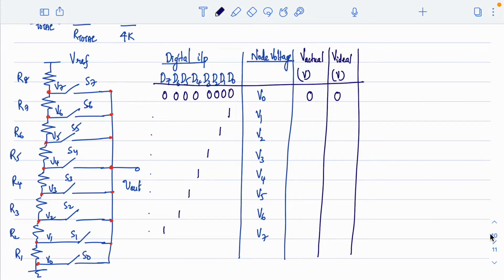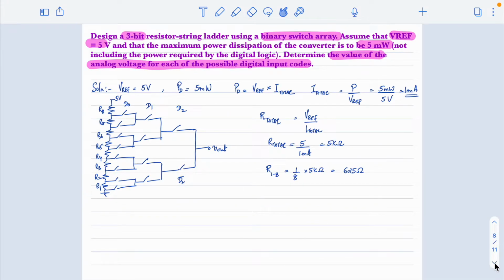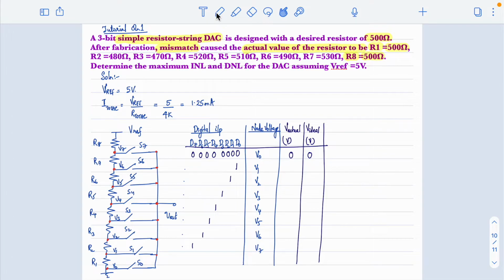Now look at the question once. When you look at this question, let us also find the sum of all the resistors. What is the sum of all resistors from 1 to 8? That we have already done, right? When you sum up R1 to R8, it is 4k.